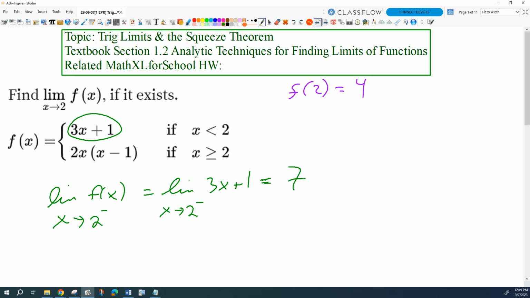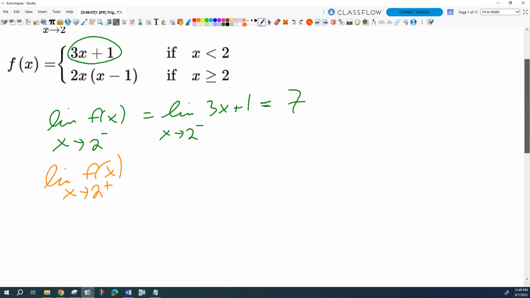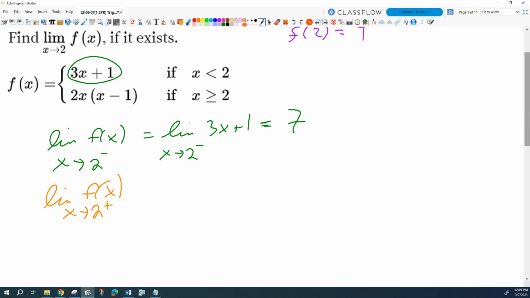What about the limit from the right? What's that look like? The limit of what? Okay, that's going to be the bottom piece, right?